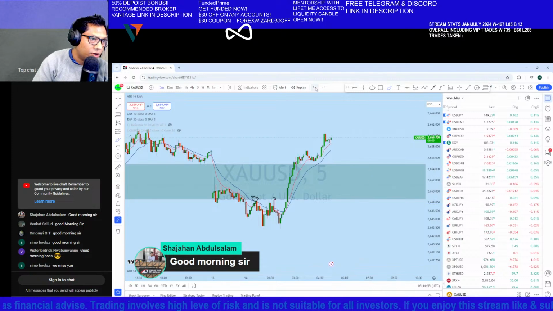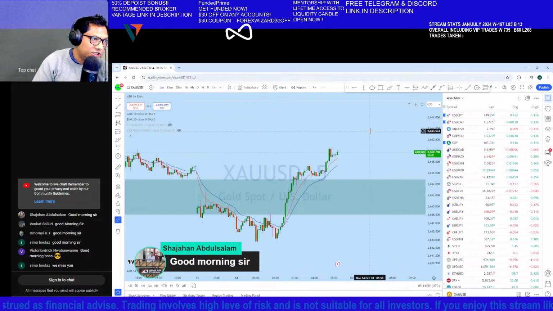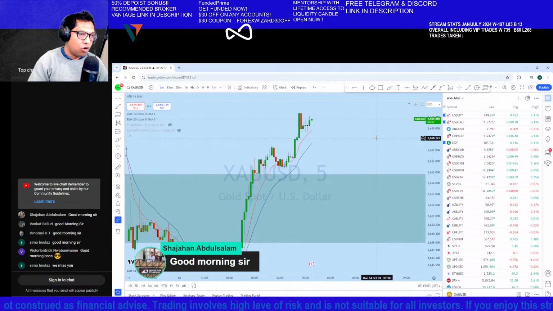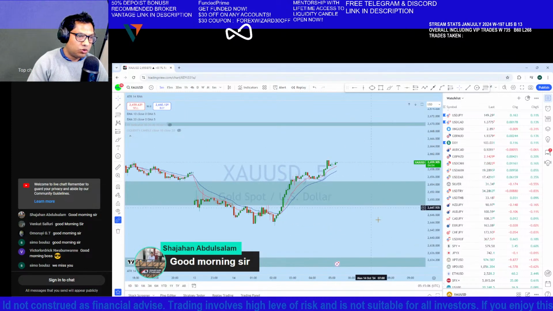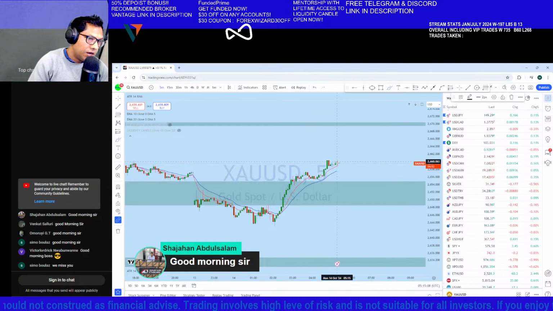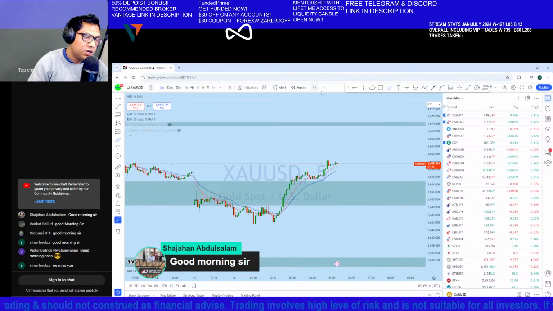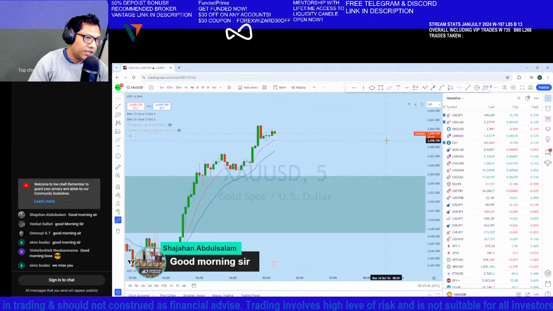With that support and resistance, on XAUUSD, especially on this lower time frame, I will be waiting for a clean breakout structure, and that's where we can look for potential entry opportunity. If we see a complete breakout structure, that's where you can look for a potential entry opportunity on XAUUSD.